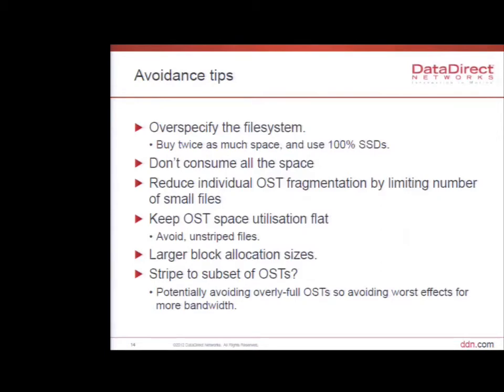Another interesting idea, which we haven't tried in practice but potentially has a lot of benefit, is only striping to a subset of OSTs. If you've got, say, 60 OSTs and you set your default stripe to be 55, then the Lustre load leveling policies would naturally avoid any OSTs that were uncharacteristically full. As I said before, they tend to be the slowest OSTs, so that would avoid the worst of the problem.